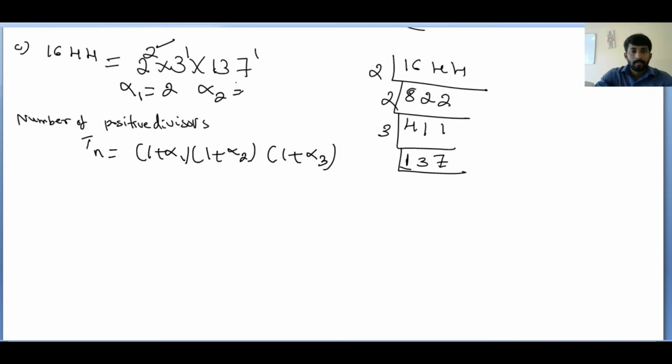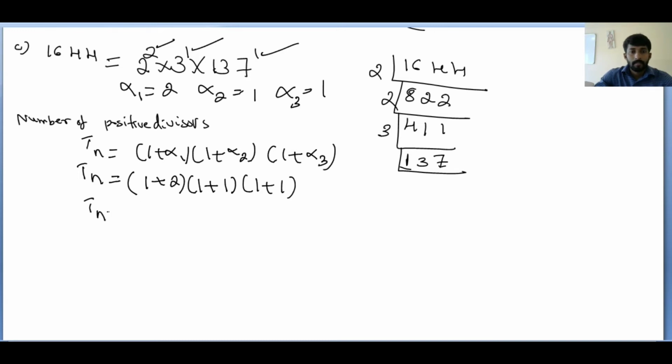Alpha 2 is equal to here power 1 and alpha 3 here power 1. Substitute Tn is equal to 1 plus alpha 1, that is 1 plus 2 into 1 plus 1 into 1 plus 1. So Tn is equal to 2 plus 1 is 3 into 1 plus 1 is 2, 1 plus 1 is 2. 3 2s are 6, 6 2s are 12. It's equal to 12.